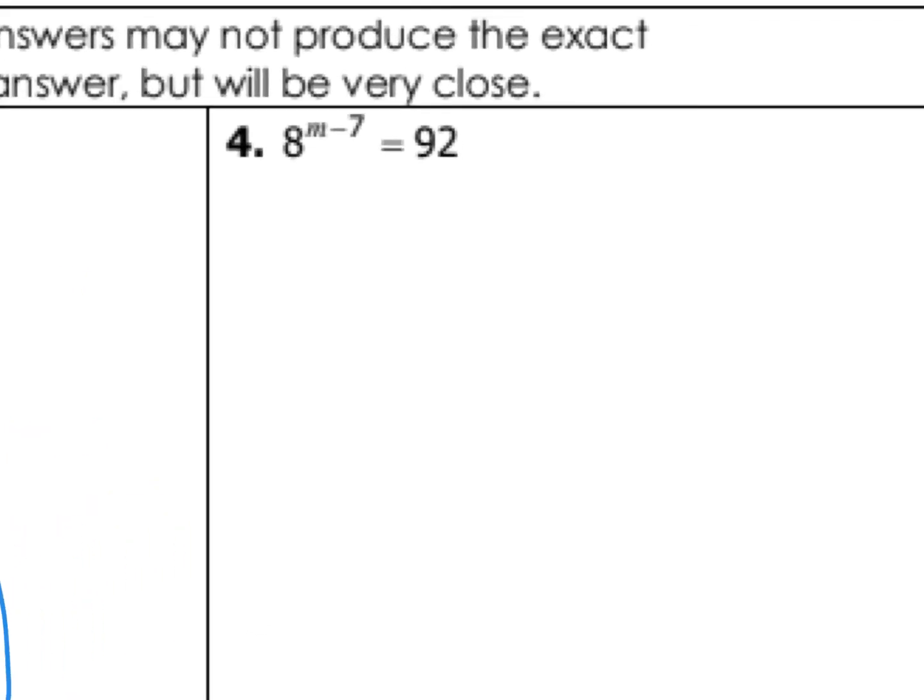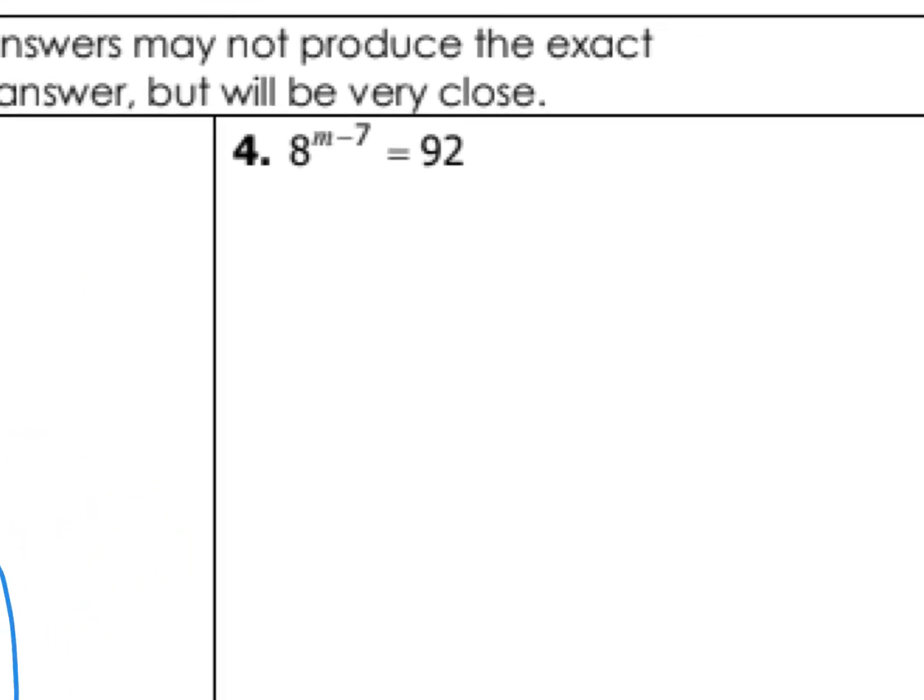So same thing's going to happen over here. My base and exponent are isolated, so I'm good to start solving. Log of base, what's my base here? 8 of 92 equals the exponent, m minus 7.